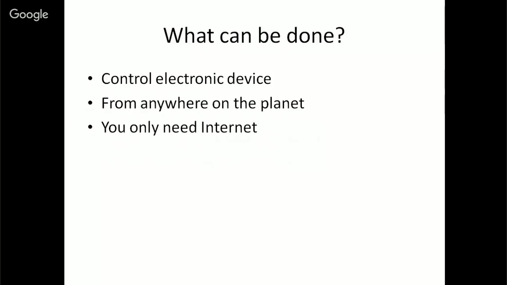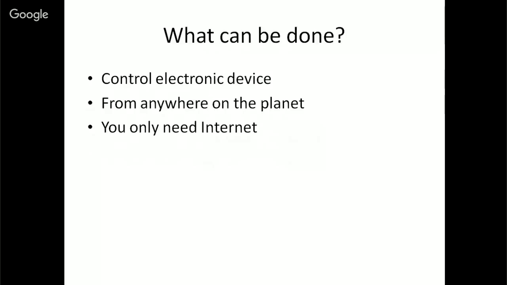So what can be done with the help of Internet of Things is you can control any electronic device, be it your light, your refrigerator, your washing machine, your television set, anything can be controlled.